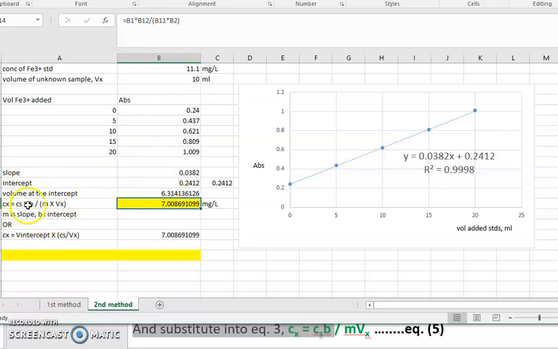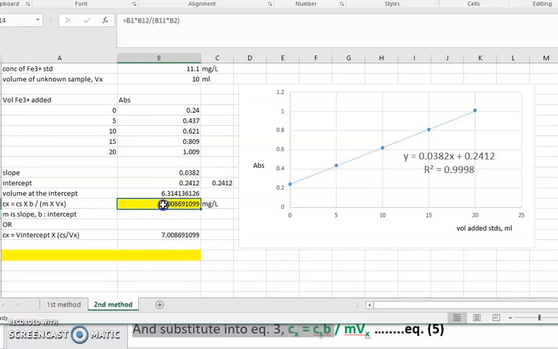CS times b, where b is the intercept, then divided by m, the slope value represented by B11, and then multiplied by the volume of sample represented by B2. So from there we will get the concentration.